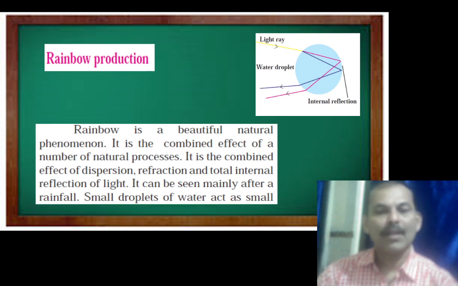It is the combined effect of a number of natural processes: dispersion, refraction, and total internal reflection of light. It can be seen mainly after a rainfall. Small droplets of water act as a prism.